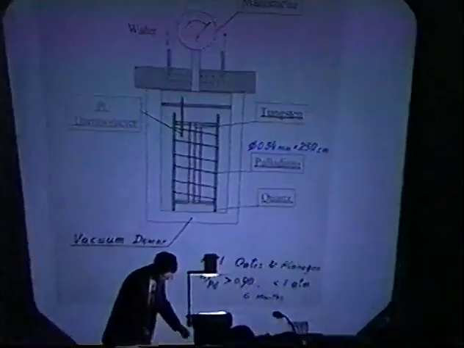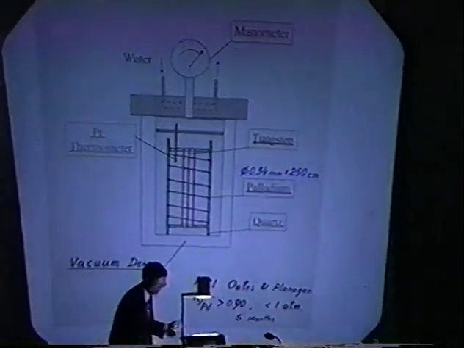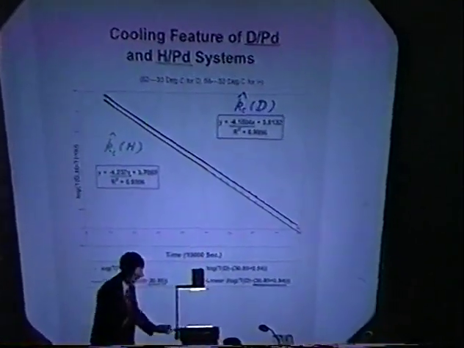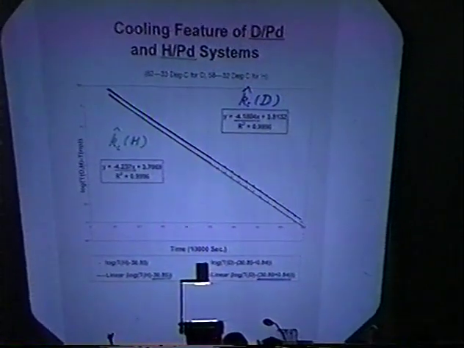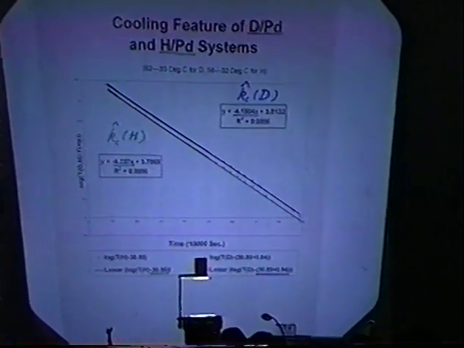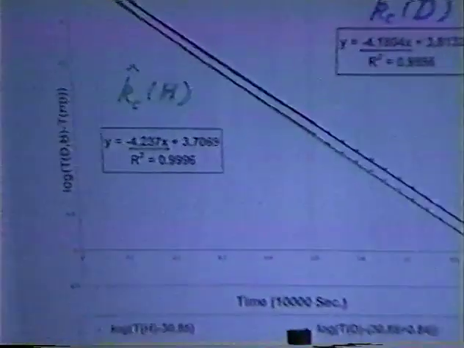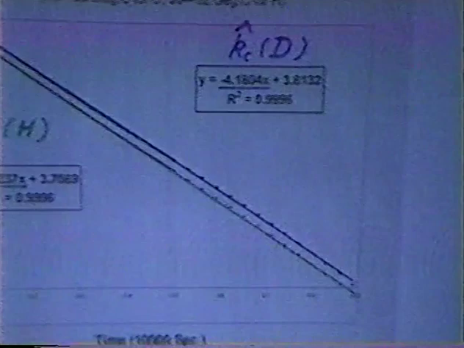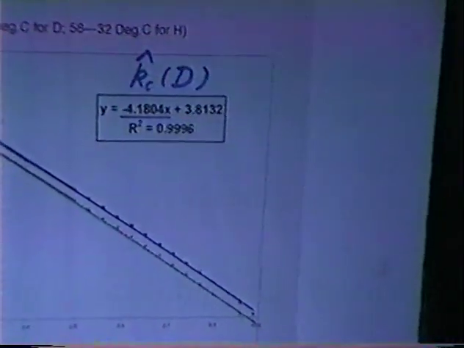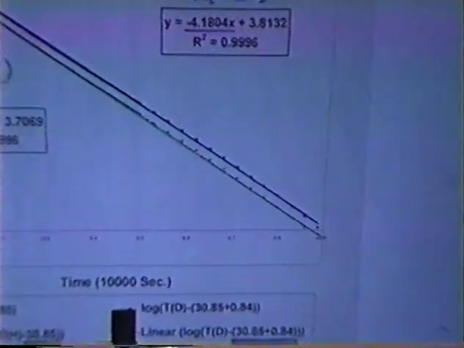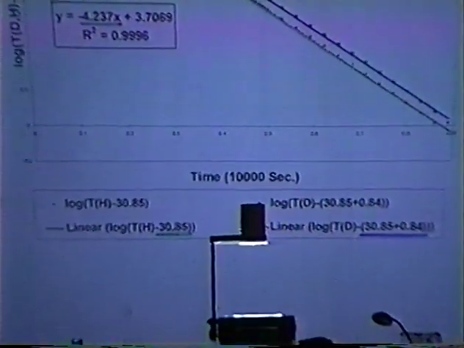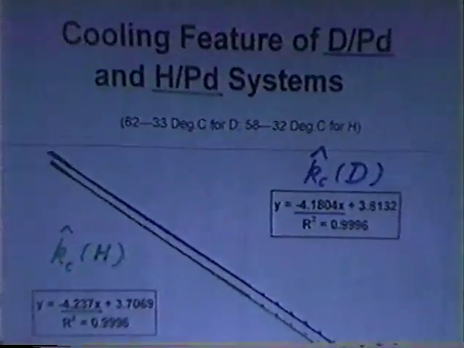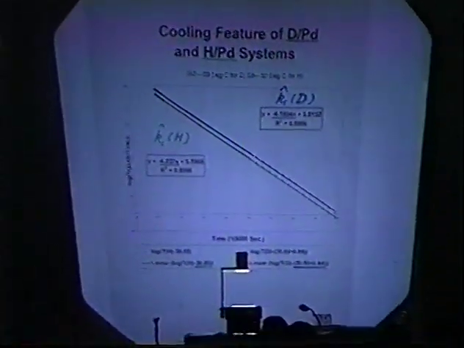This difference may be explained by your effect. You see, this slope is a little bit smaller than this one. This just means the heat conductivity is a little bit smaller in the deuterium system. Maybe I'm wrong, I'm not an expert in this area. But I worried about this also at the beginning. I would use a calorimeter in there, but I have no money.